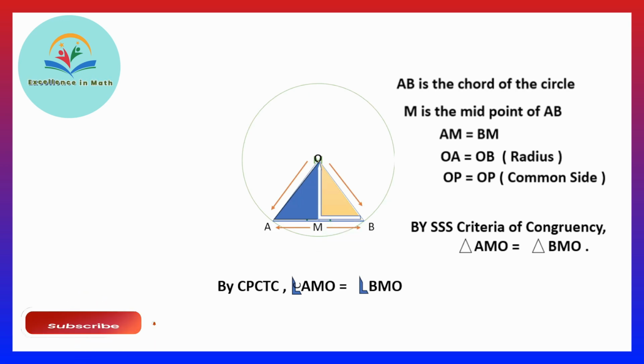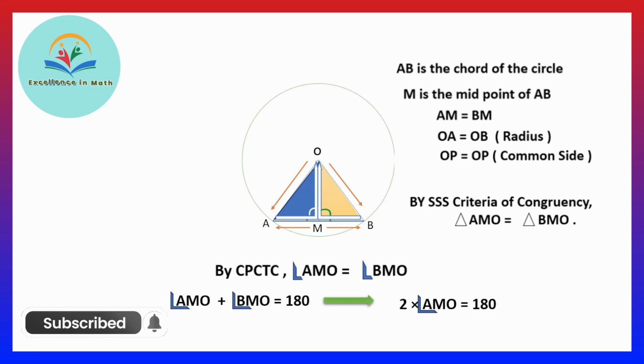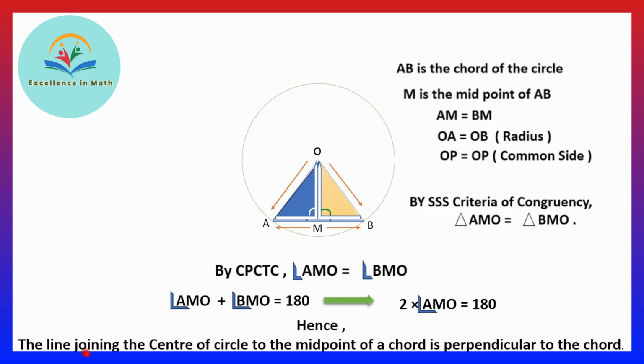So here BMO plus AMO is equal to 180 degrees. That implies 2 times angle AMO is 180 degrees, and angle AMO is 90 degrees. So angle AMO is 90 and BMO is 90. Hence proved the converse of the theorem, that is, the line joining the center of the circle to the midpoint of a chord is perpendicular to the chord.